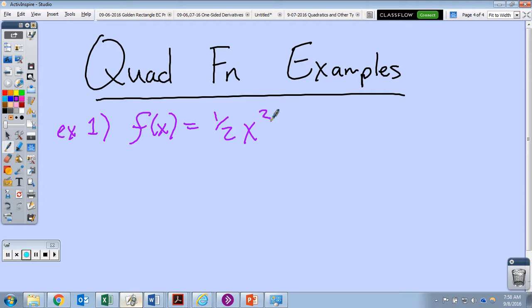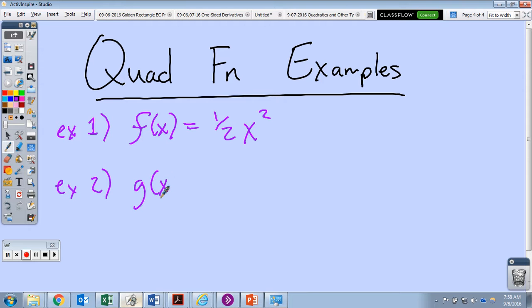This is a quadratic. I want to point out to you guys that you don't have to have an x term. You don't have to have a constant term. The only thing that needs to be satisfied is that you have an x squared term. And the coefficient is real, but they're not going to give you any imaginary coefficients. We're not going to worry about that. So that's one example.